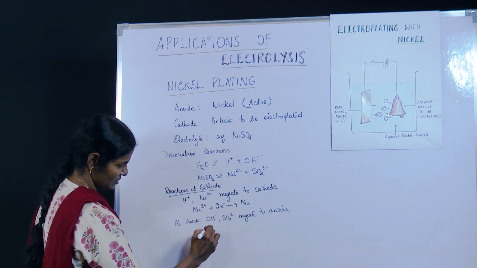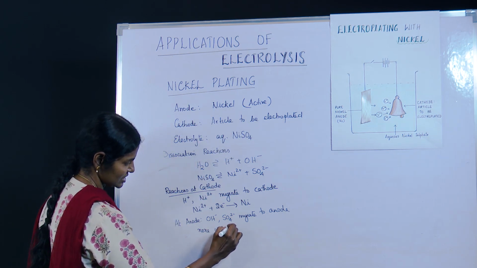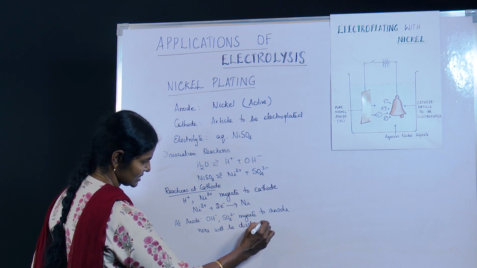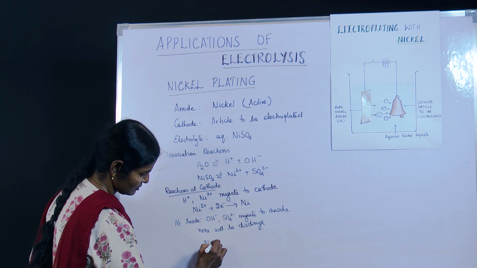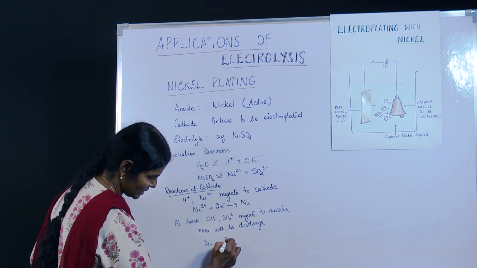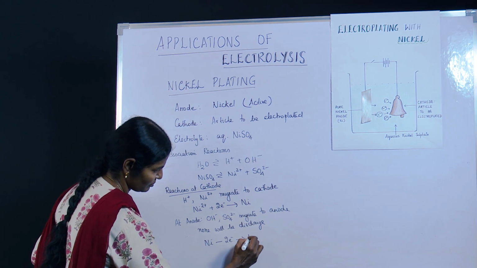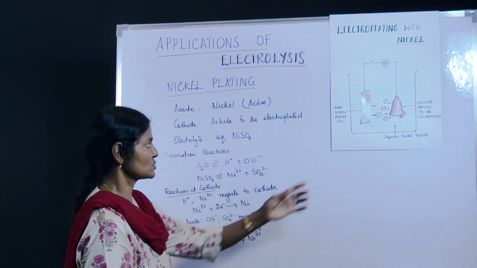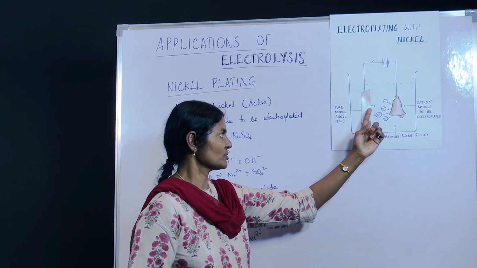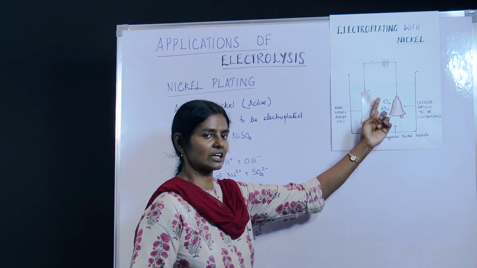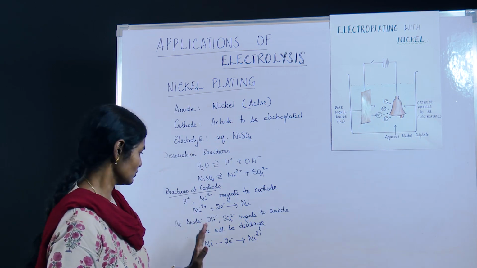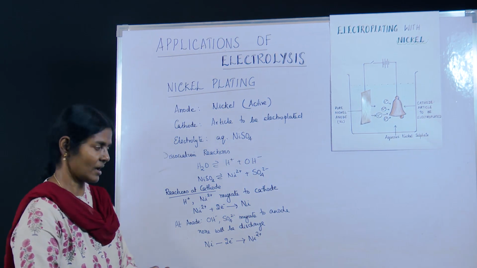So none will be discharged. Instead, this nickel will lose 2 electrons and form nickel ions, which will be lost, as you see in the diagram. From the anode, nickel ions get ionized and they are getting deposited at the cathode. So that's what is happening at the anode.